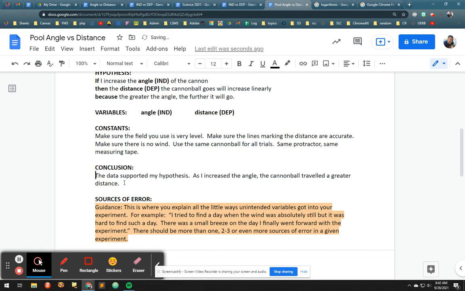Okay, so the data supported my hypothesis. As I increased the angle, the cannonball traveled a greater distance. And you might say up to a point. Turns out that at the angle 45 degrees, the cannonball went the furthest.